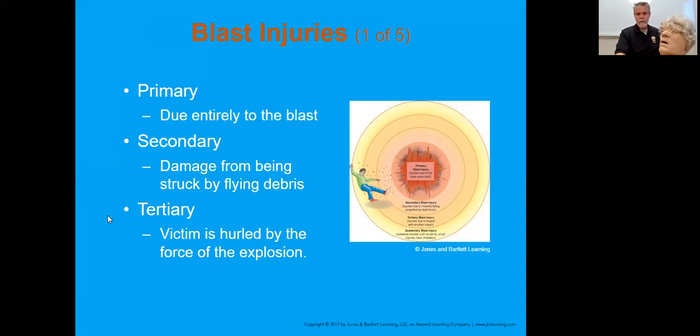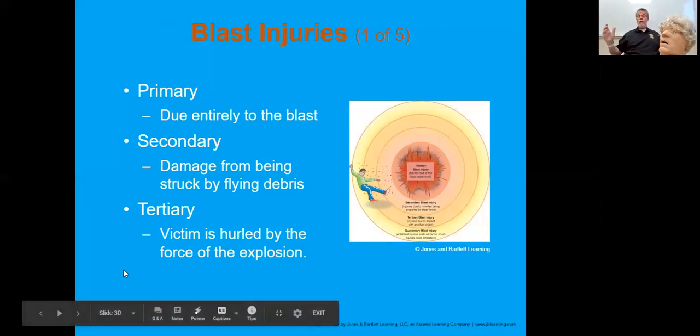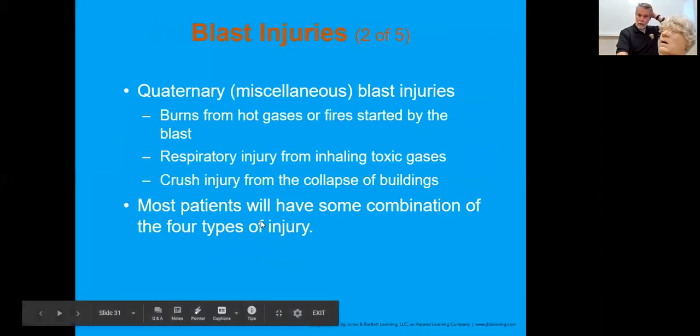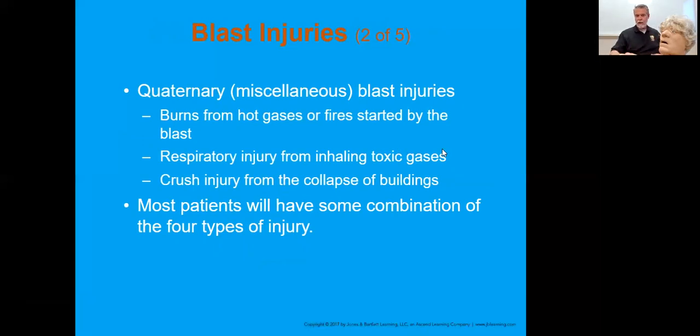The tertiary is when the victim is actually hurled by the forces of the explosion. And then the last one, maybe it's burns, gas started by the fire, if there was a fire or the blast. Respiratory, it could be toxic gases that have been created from this. The crush injury: something explodes and then the building collapses on them. That's what we're looking at with that type of injury.